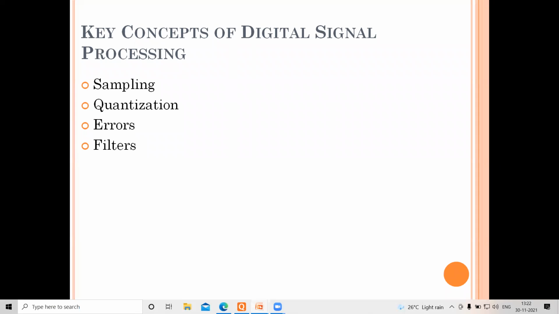Sampling is a process used in statistical analysis for representative samples. Can anyone tell me the sampling theorem statement? Because in 4th semester you have studied it, and also in 5th semester. What does your sampling theorem state? Yes, please. Sampling converts an analog signal into a digital signal.